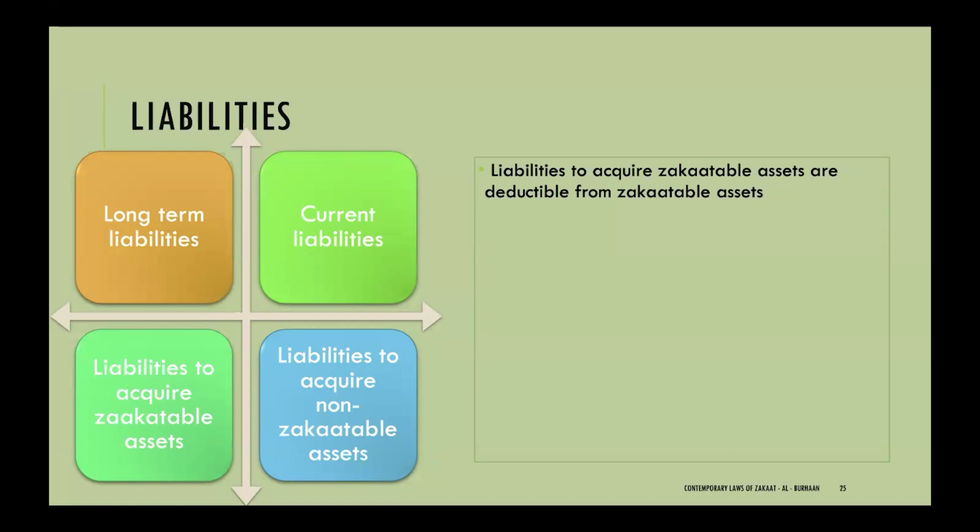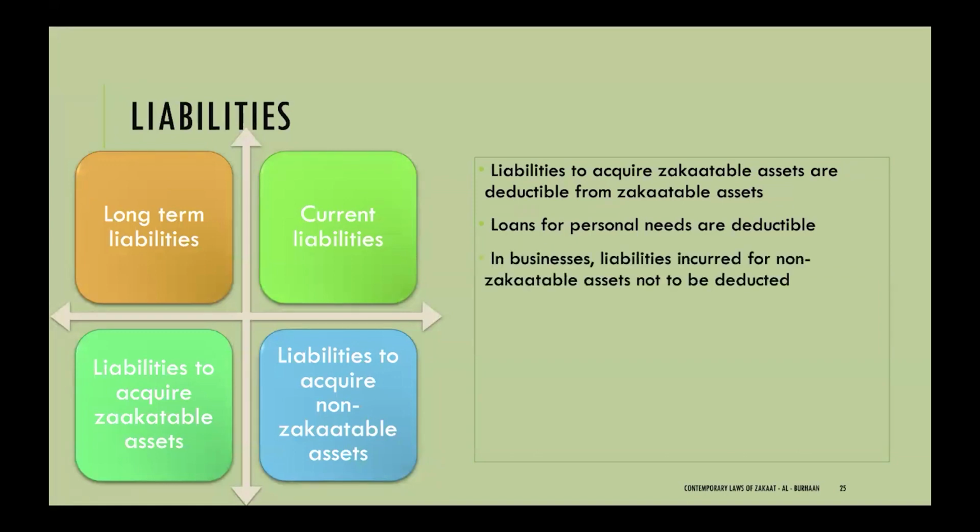For example, you've bought it on credit and you're still owing the amount, you'll include the value of the inventory in your zakatable assets, but you will also be able to deduct the amount that is owing for that inventory because you have a liability that is used to acquire a zakatable asset. Another principle is that in your personal capacity, if you've taken out a loan for your personal needs, whatever that might be, that loan would be deductible from zakatable assets.